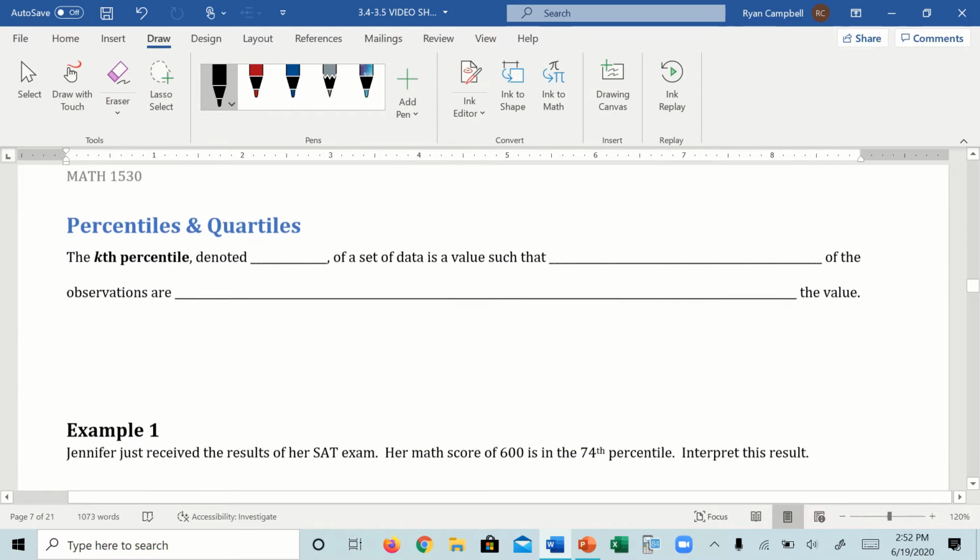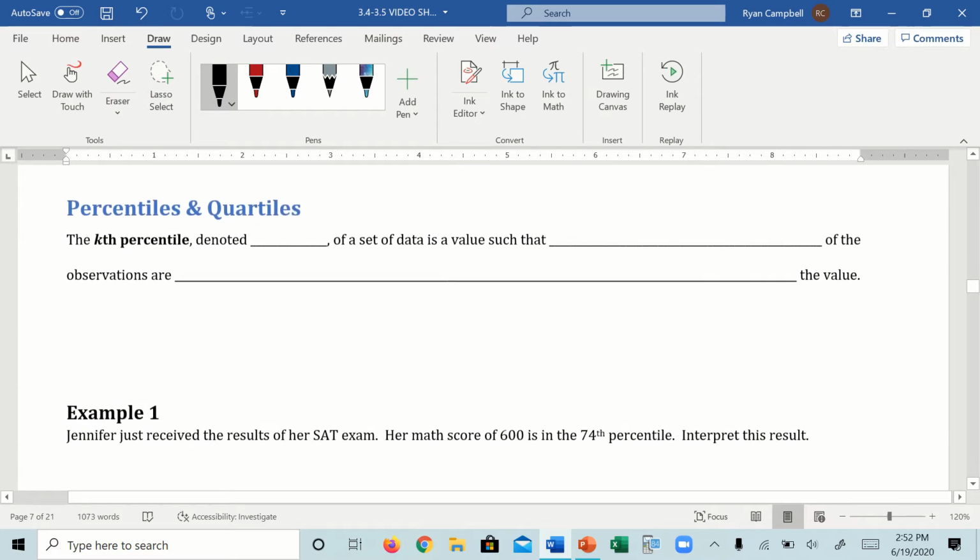All right, let's talk about percentiles. So percentiles, we don't need to worry too much about it, but we'll talk a little bit. If you were talking about the kth percentile, you're talking about this symbol, P sub k, the kth percentile.